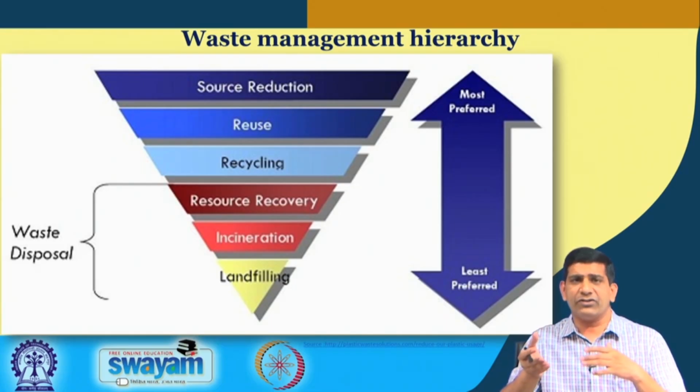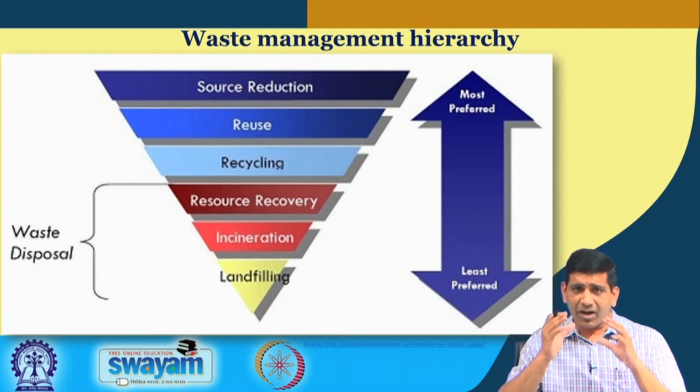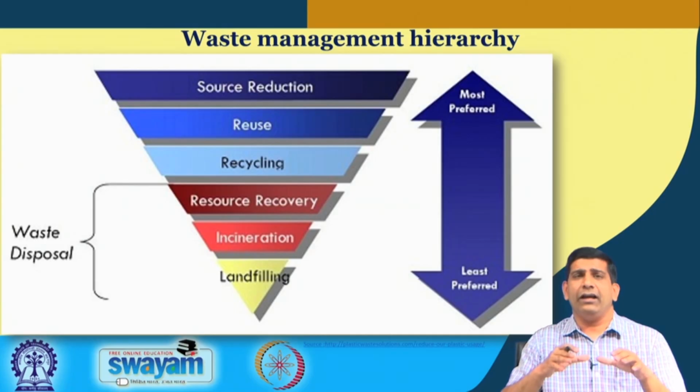That is another term used in many parts of the world. But in general, when we talk about plastic in this course, or in general what you see in media and other discussion, the plastic waste that we are referring to is essentially coming from municipal solid waste.